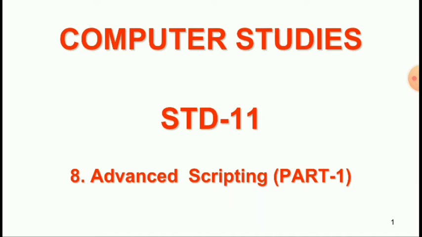The shell scripts designed so far were sequential in nature. The commands were executed in the same order in which they appeared in the script. While performing administrative tasks, we may need to execute some statements repeatedly.